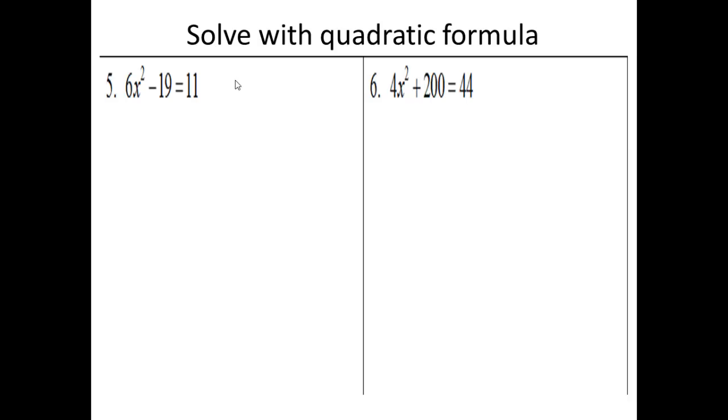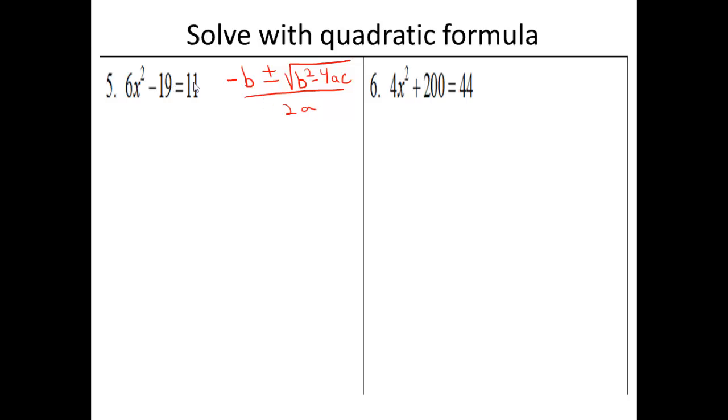Just a reminder, our quadratic formula is negative b plus or minus the square root of b squared minus 4ac all over 2a. Now remember, we have the plus and minus because we will be getting two answers, or two solutions, to these.